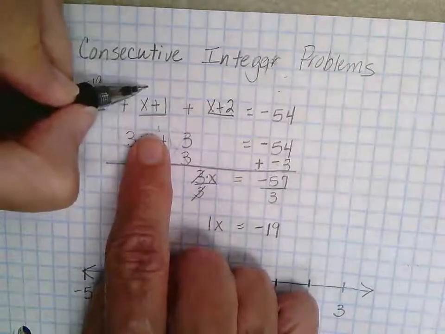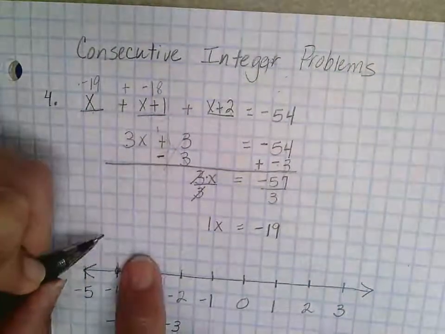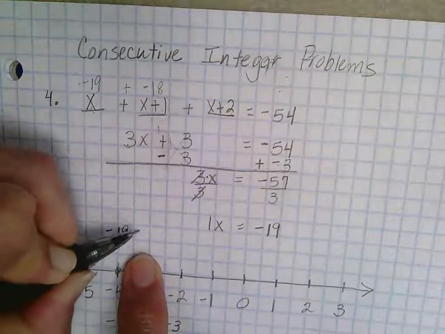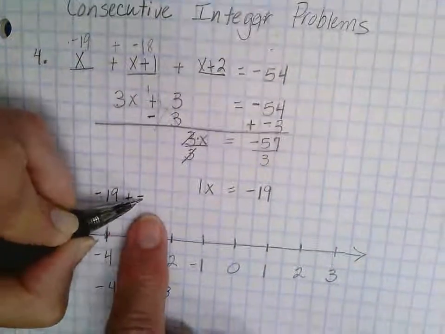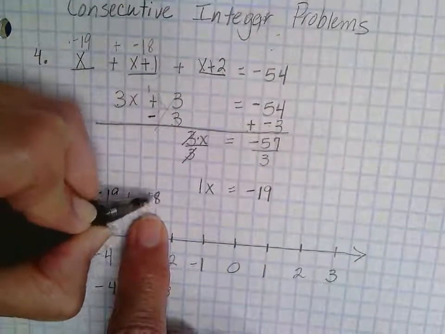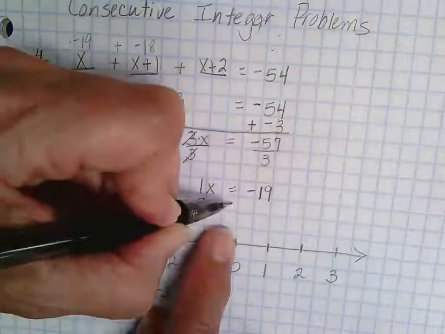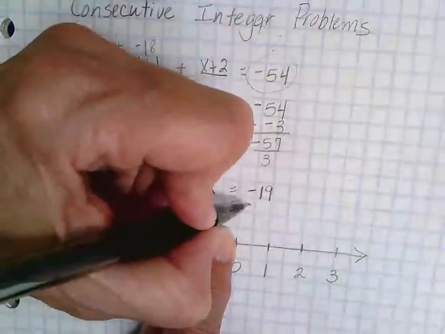So this should be -18. So down here when I write my equation and check it out, I should have -19 plus -18 plus -17. And I want to see if those are equal to -54.